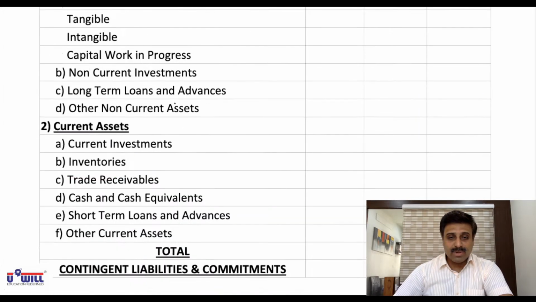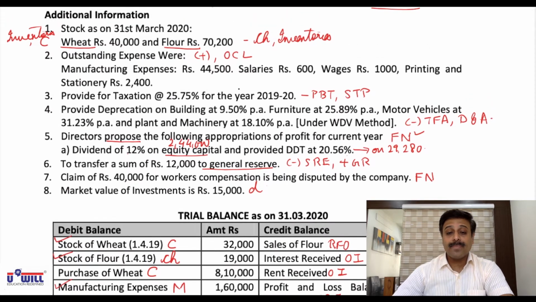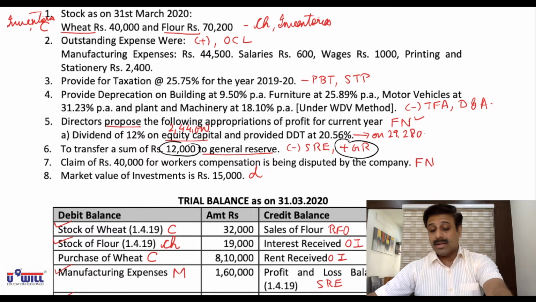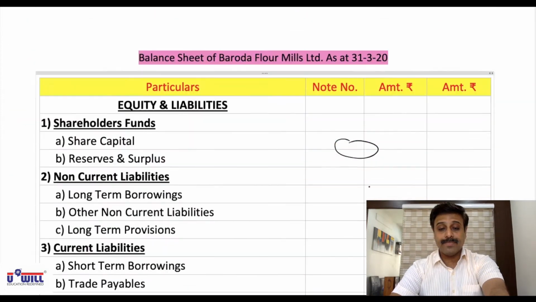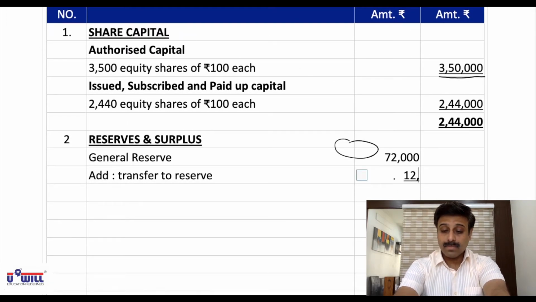So look at the adjustment, what is transfer to reserve during the year, which we have to add in general reserves. In reserves and surplus, 12,000. Okay, 12,000 is to be added in general reserve as transfer during the year. Total will be 84,000.